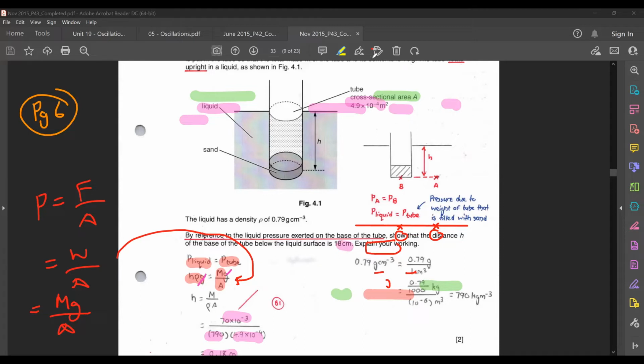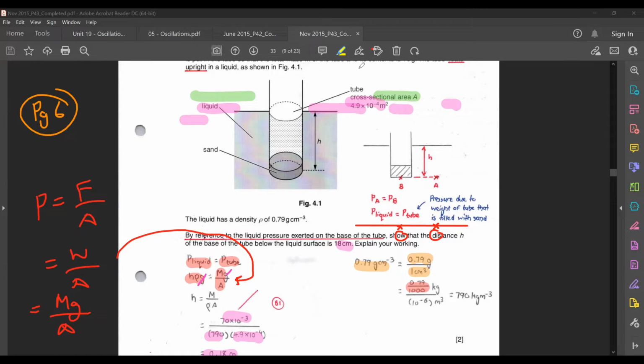Now your density is not given in kg per meter cube. Instead, it was given in terms of grams per centimeter cube. You have to change it to kg per meter cube. So 0.79 grams per centimeter cube is the same as 0.79 grams over 1 centimeter cube. So you change the gram to kg, divide by 1,000.